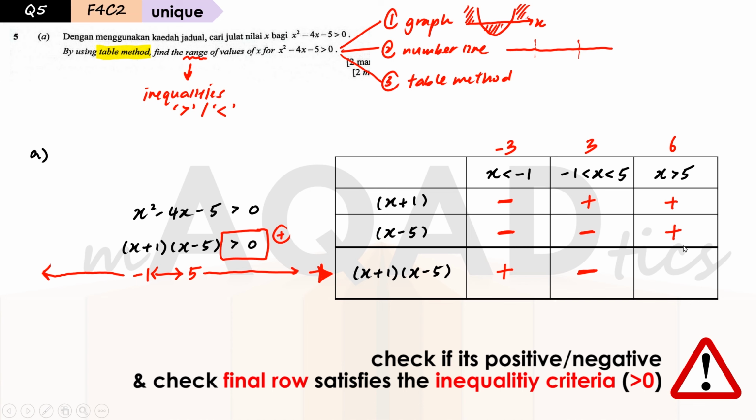So positive, positive, positive. Now let us look at whether each column satisfies this criteria, which is positive. Here it's positive and here it's positive, so our range of values of x would be this one and this one.